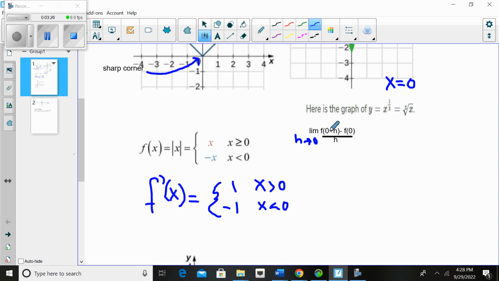So if I plug in 0 plus h, that just ends up being h to the 1/3 over h. Okay, and then if I reduce that down, remember when you were in high school, or actually middle school, you did problems like x to the 6th over x squared, and how do you simplify? You simplify by subtracting the exponents.